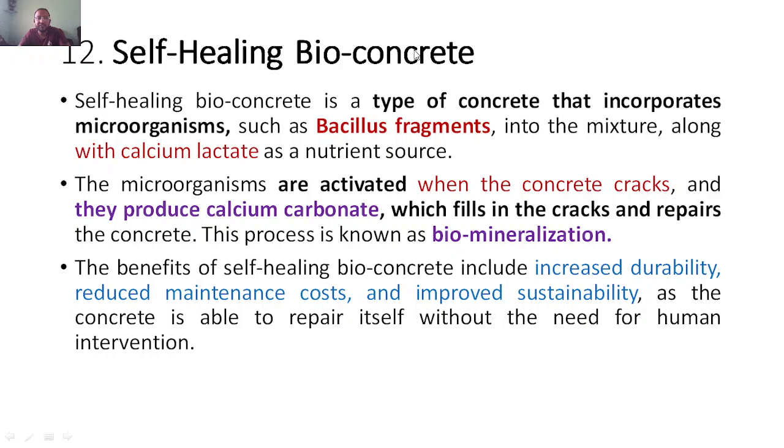This is called mineralization. Concrete is made up of many constituents, majorly calcium carbonate. So imagine we have bacteria which will produce calcium carbonate whenever it is exposed to water and oxygen. Then we can have the self-healing bioconcrete.